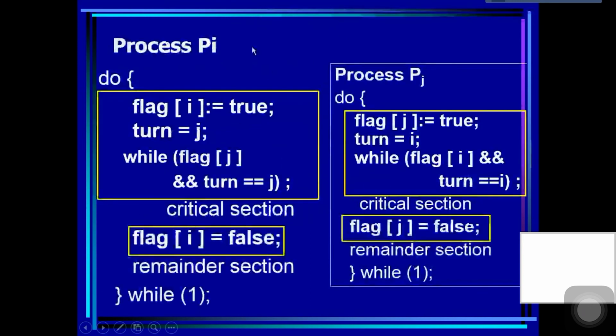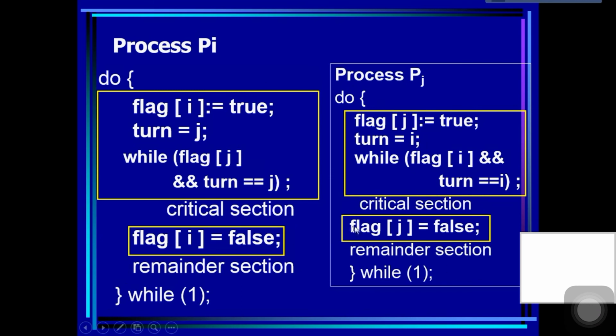So if process Pi doesn't want to enter its critical section, then flag i equals false. So the while condition doesn't hold, since these two conditions cannot be satisfied at the same time. So process Pj can enter its critical section and vice versa.